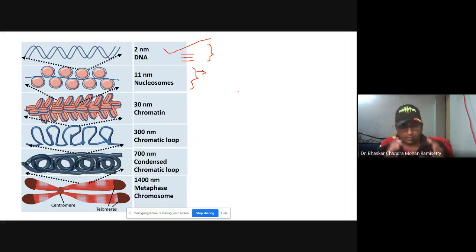In total, one nucleosome has 8 histone molecules: 2 H2A, 2 H2B, 2 H3, and 2 H4. H1 usually binds in between; it is not a part of the nucleosome.